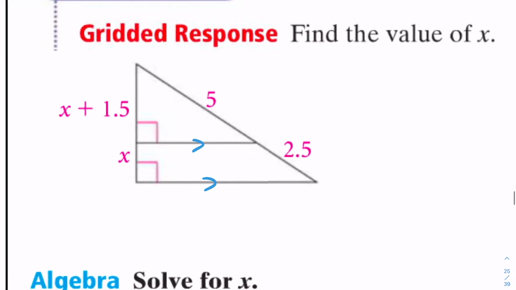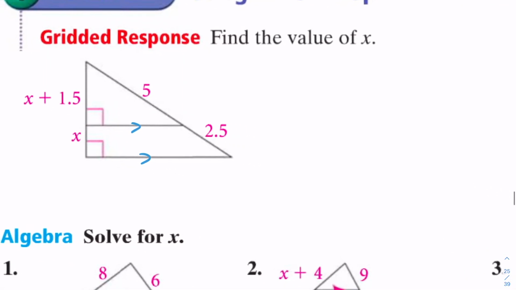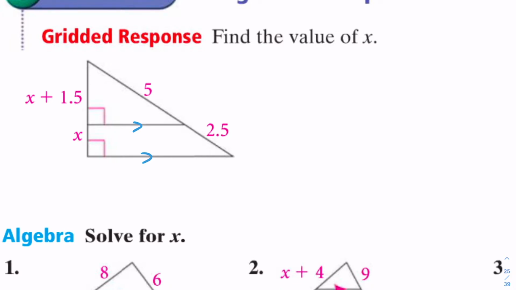I know they're parallel because these are both right angles right here, meaning that they would have to be parallel. So I'm going to set that up and say x plus 1.5 is to x as 5 is to 2.5. And I'm going to cross product.